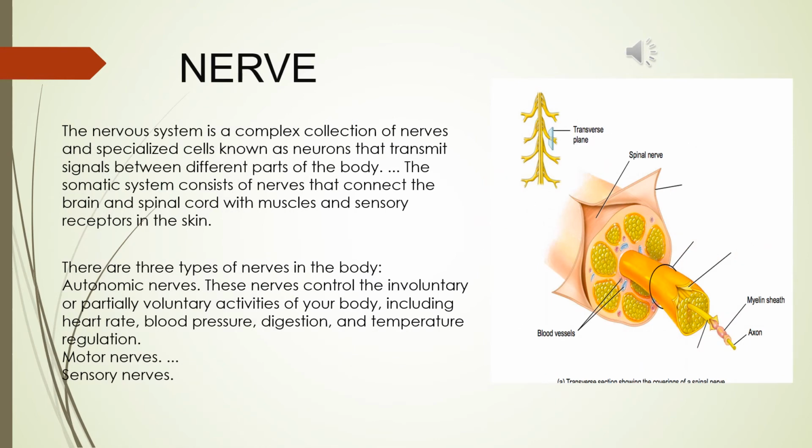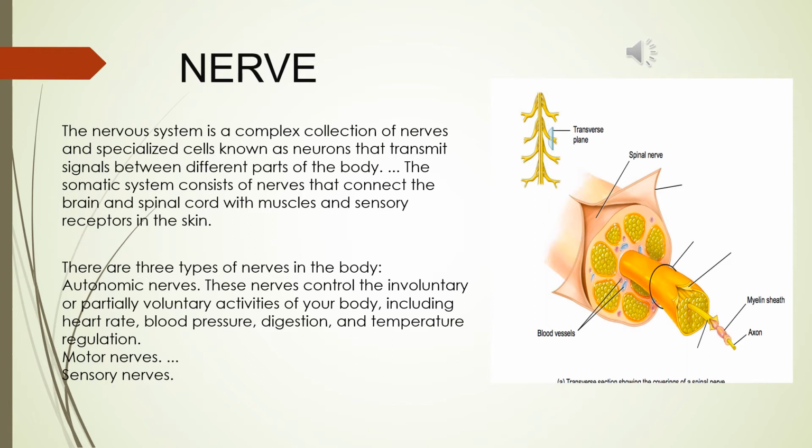Now what is a nerve? The nervous system is a complex collection of nerves and specialized cells known as neurons that transmit signals between different parts of the body. The somatic system consists of nerves that connect the brain and spinal cord with muscles and sensory receptors in the skin.